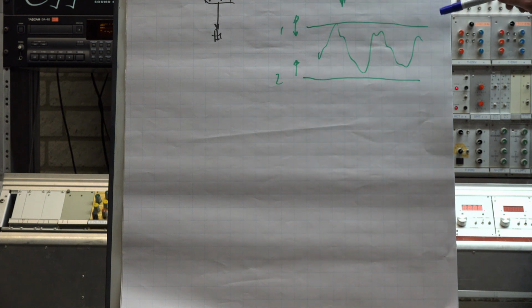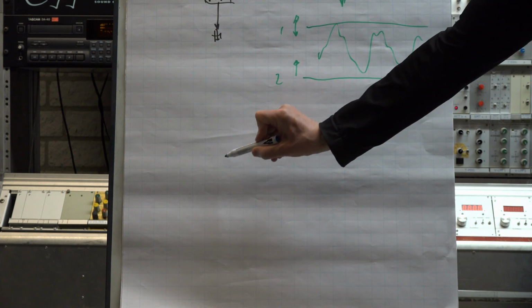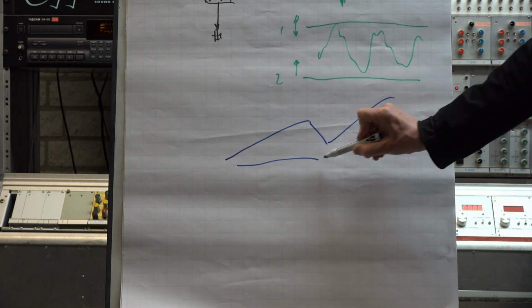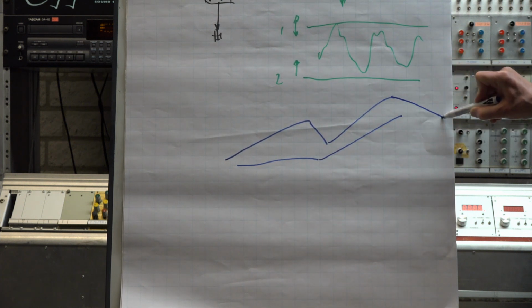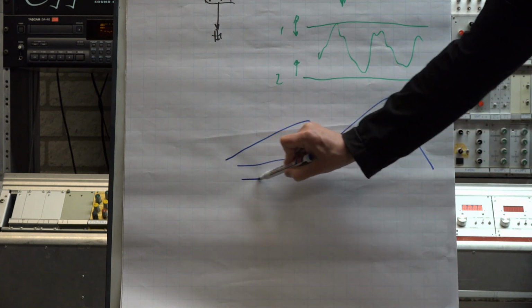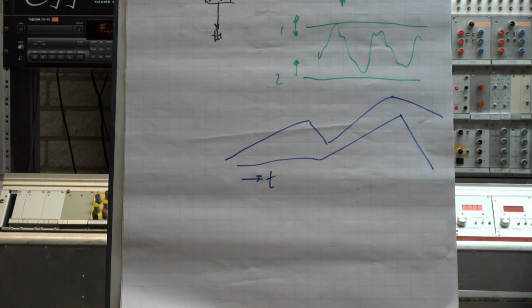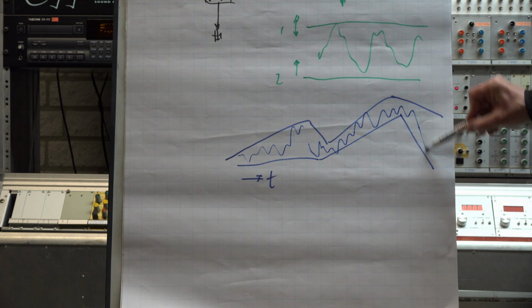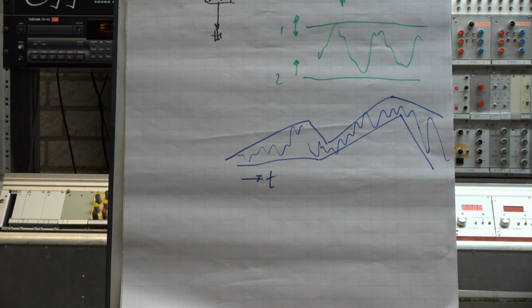Here I have the upper and the lower limits as static values, but I can imagine that I would have a shape that looks like this, for instance, where this is time, and the random signal should now move within these boundaries. And now the random signal has a tendency, it has a direction.